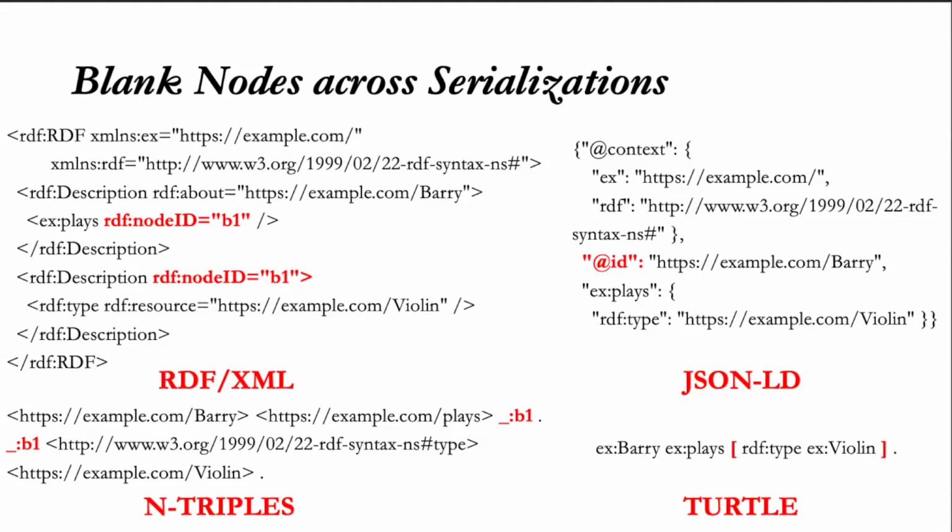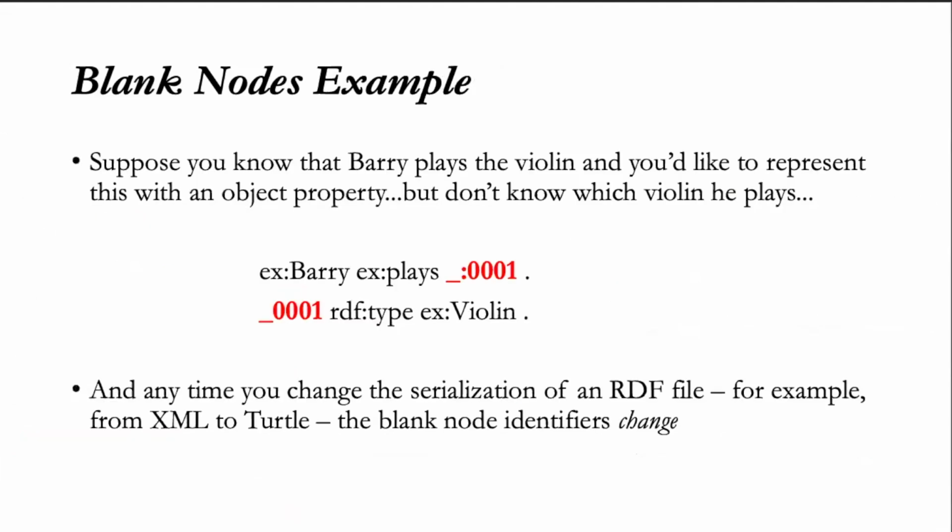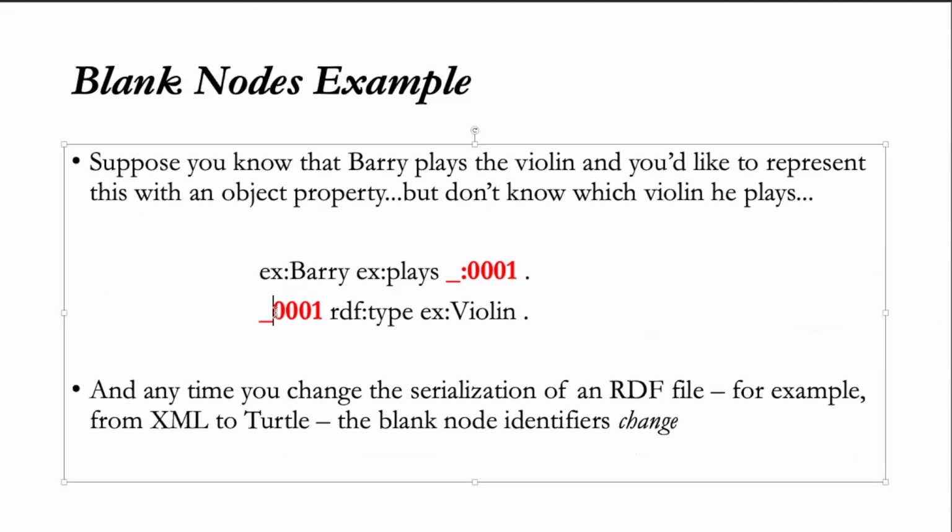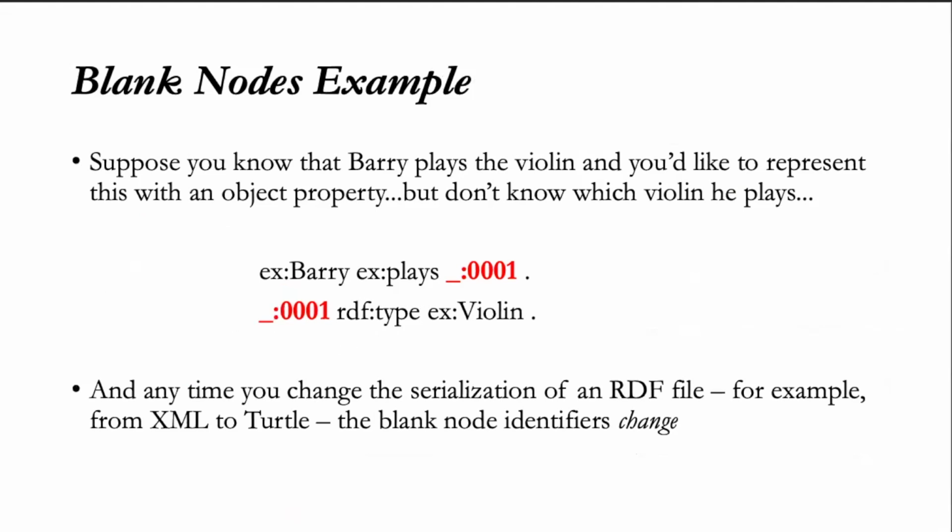Your violin 001, would you only use that in some type of closed world assumption where you're not moving it? Well, it comes up all the time. It depends on how you're using the files. It's hard to get away from using blank nodes, period.